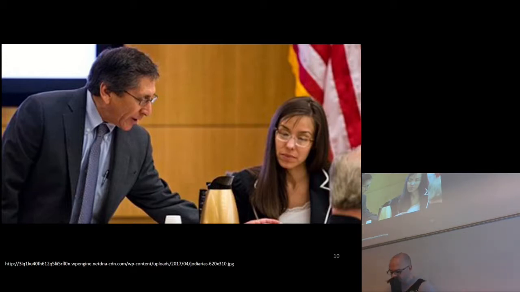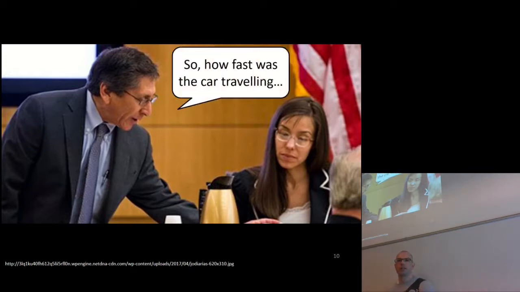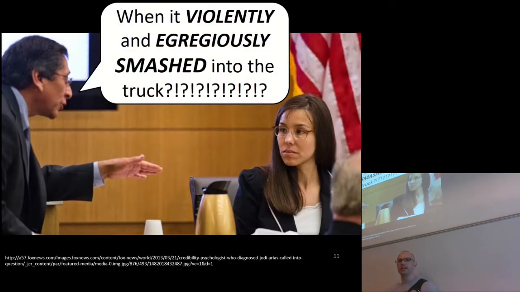So if you were in the judicial system, if you were a psychologist that oftentimes gets called as an expert witness, and somebody mentioned that in this particular manslaughter trial, one of the witnesses was asked how fast the car was traveling when it violently and egregiously smashed into the truck.